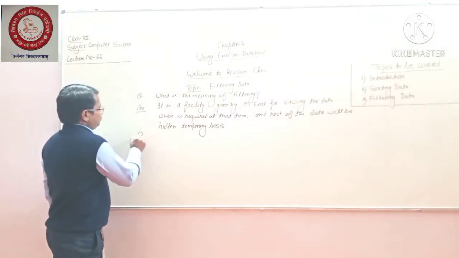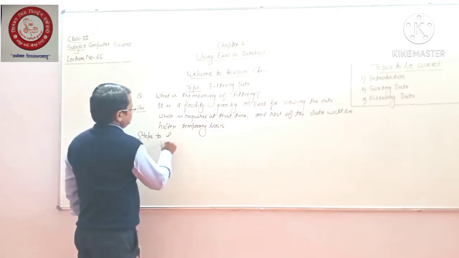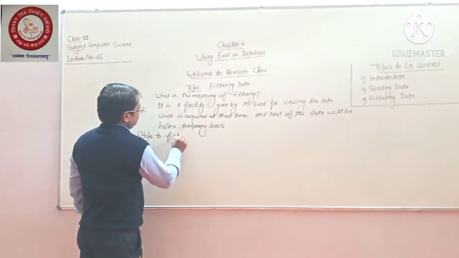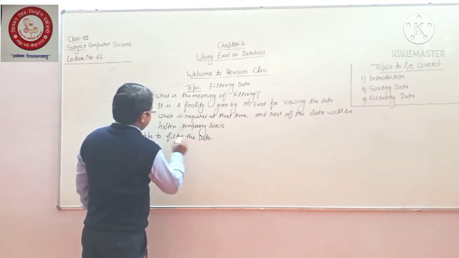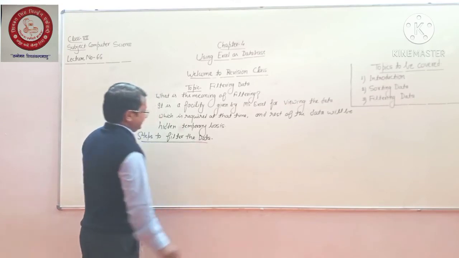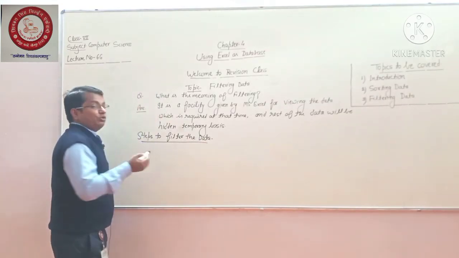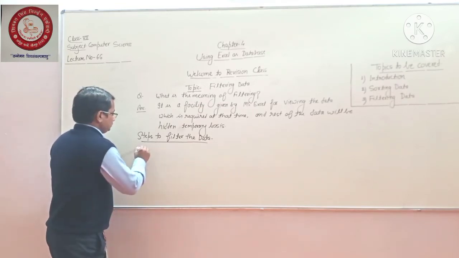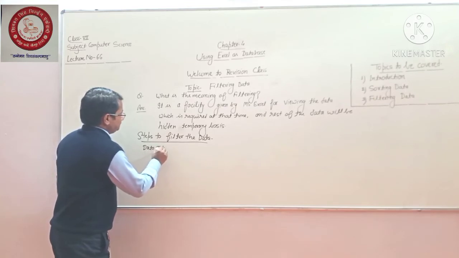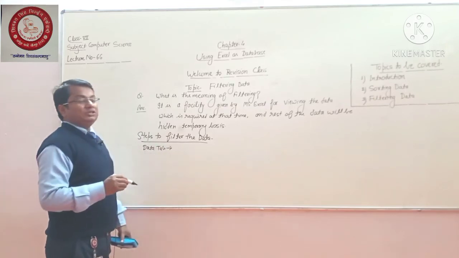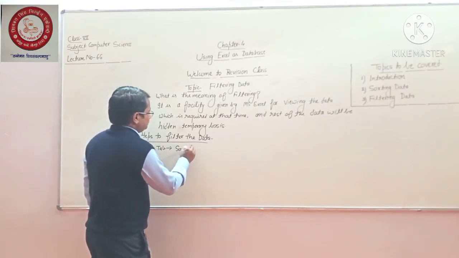Right now we are going to focus on the steps to filter the data. That's very simple for you. How are you going to filter? First of all, you need to go to the Data tab. After going to the Data tab, look for the Sort and Filter group.